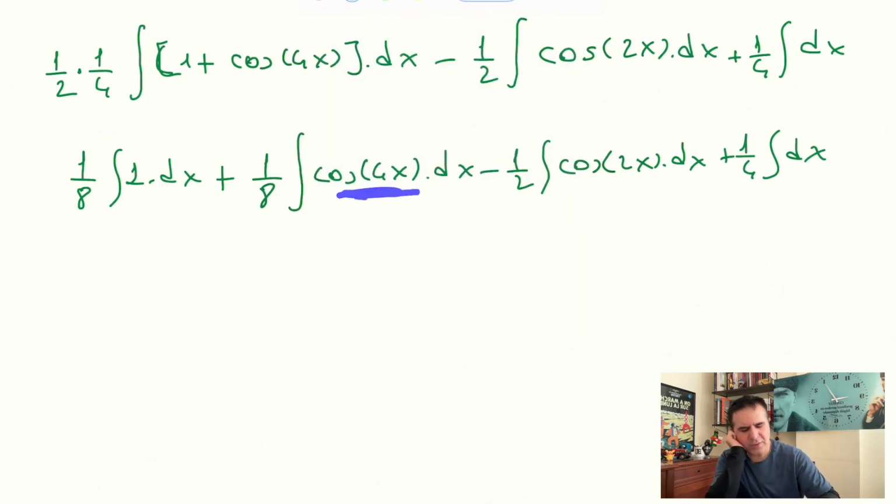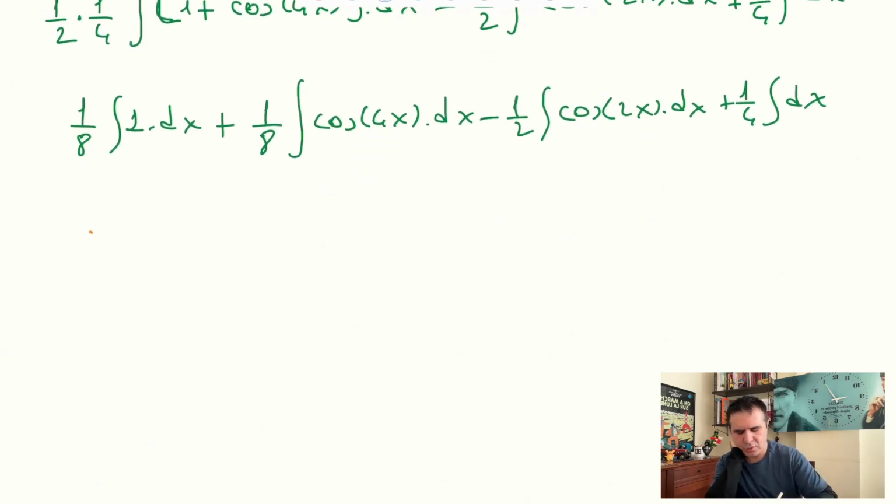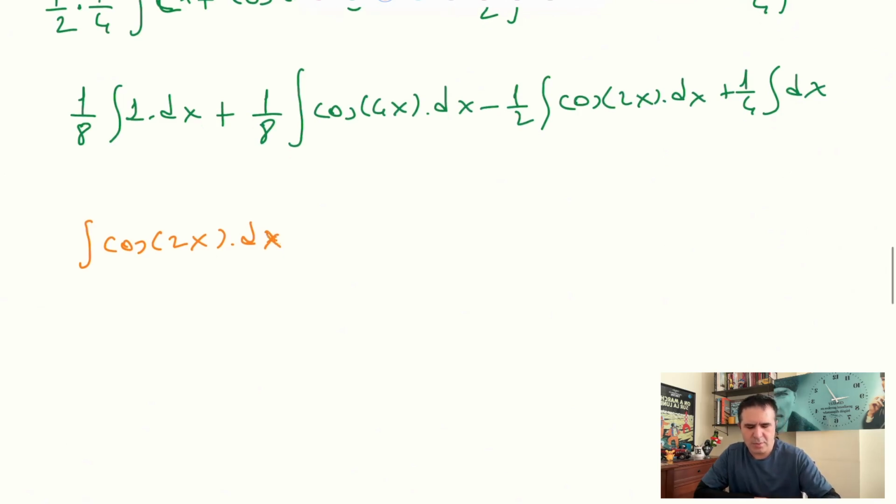Okay, we will find the integral of cosine 2x and the integral of cosine 4x. Actually, they are really easy, but I will show you. Integral of cosine 2x dx. You can just say 1 over 2 times sine 2x for this integral, but I will show you by using the substitution.